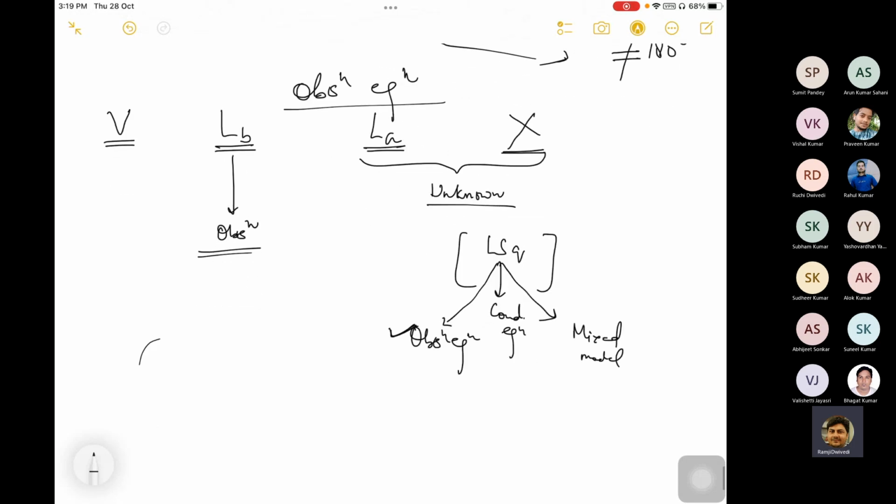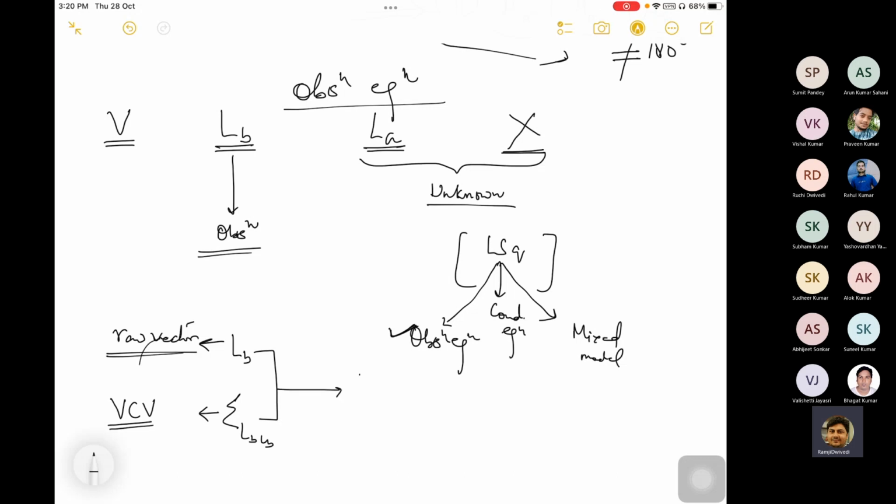So our objective is to have a system where you are inputting the LB and sigma LB, which is nothing but the raw vector and the VCV associated with your observation.